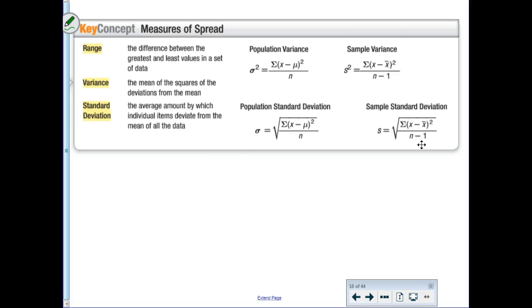For instance, what's bigger, 1 divided by 4 or 1 divided by 3? 1 divided by 3 is bigger. You fooled me for a minute. So the smaller the denominator, the larger the number you get. What happens in stats is when you have a sample, the data is not very good from a statistics point of view, so it's going to have a larger variance and a larger standard deviation because of it. A little more spread out data.